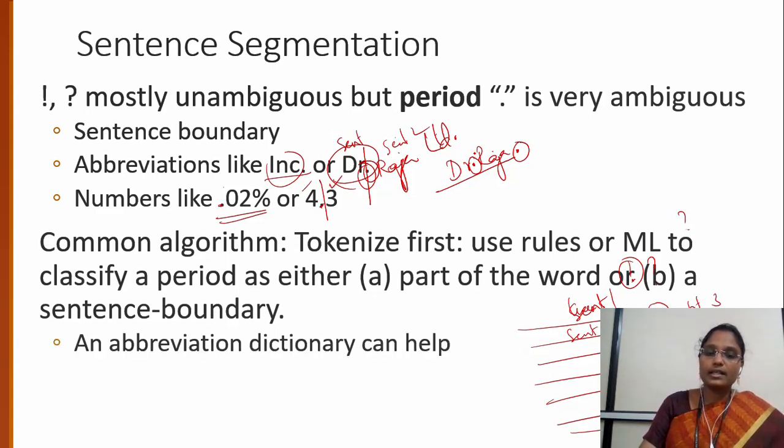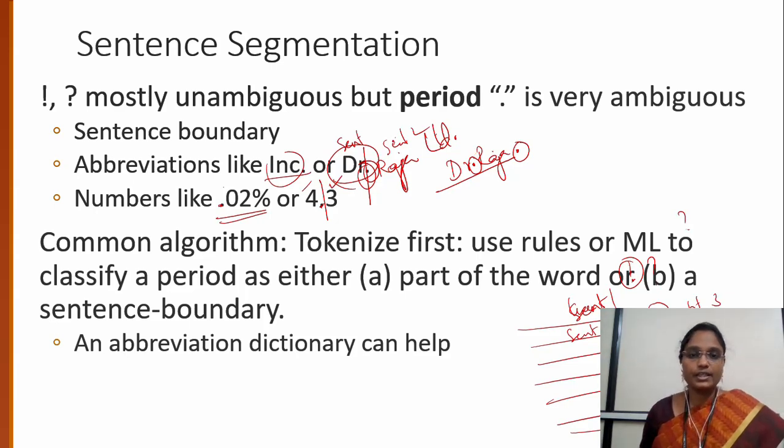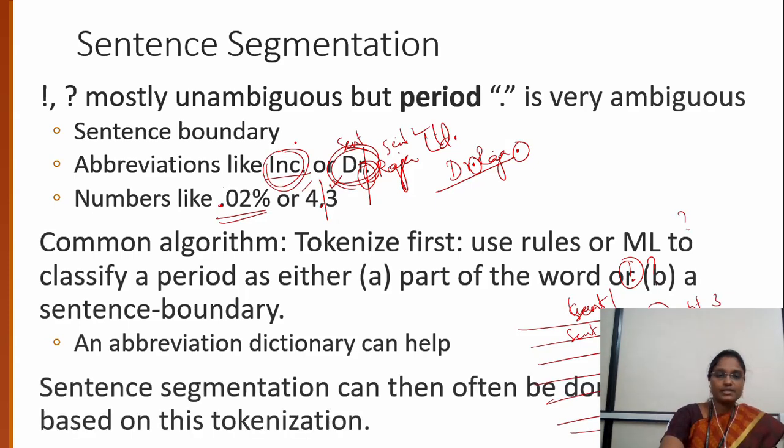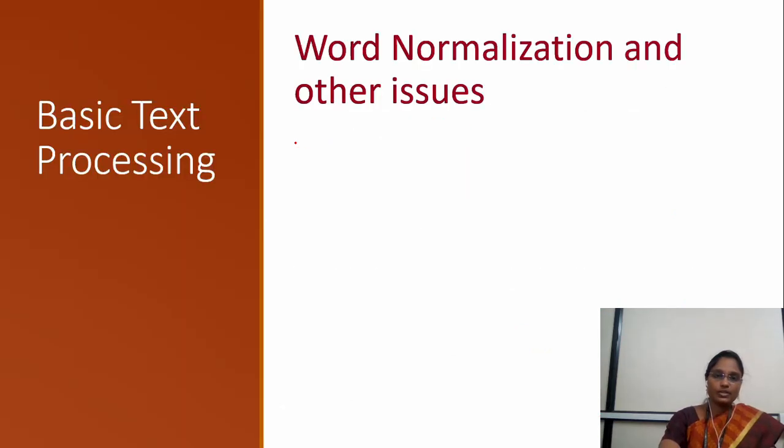For this, an abbreviation dictionary can be used. Whichever abbreviations are listed, we can automatically say that it is not the end of the sentence. Usually this sentence segmentation is done by rules based on the tokenization.